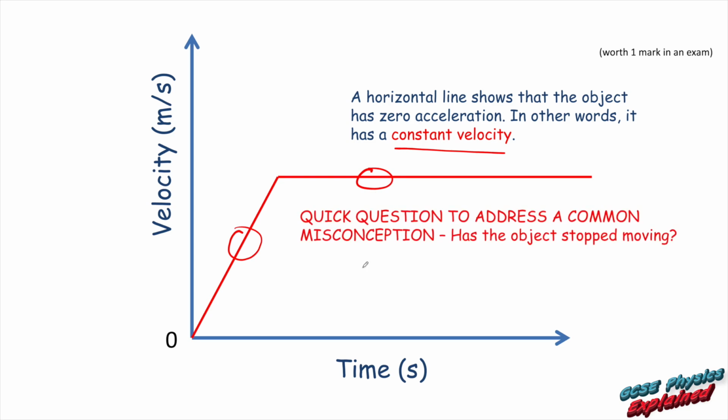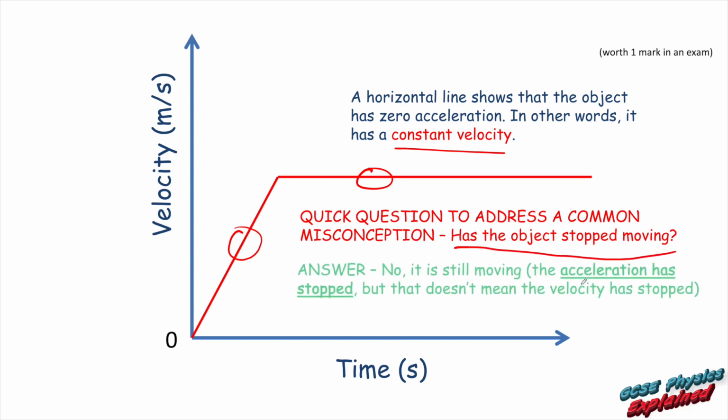Now, just be careful though, there's a common misconception. Because the line's gone flat, does that mean that the object has stopped moving? Well, the answer is no. What it means is the acceleration stopped, but just because the acceleration stopped doesn't mean the object stopped. Look, whatever the velocity is, it's not 0.